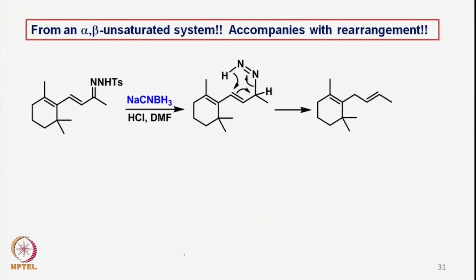Now if we take an alpha beta unsaturated system, we have seen that the normal tosyl hydrazones are reduced to the corresponding molecule in which the carbonyl group has now, through the tosyl hydrazone, been replaced by the corresponding 2 hydrogens.